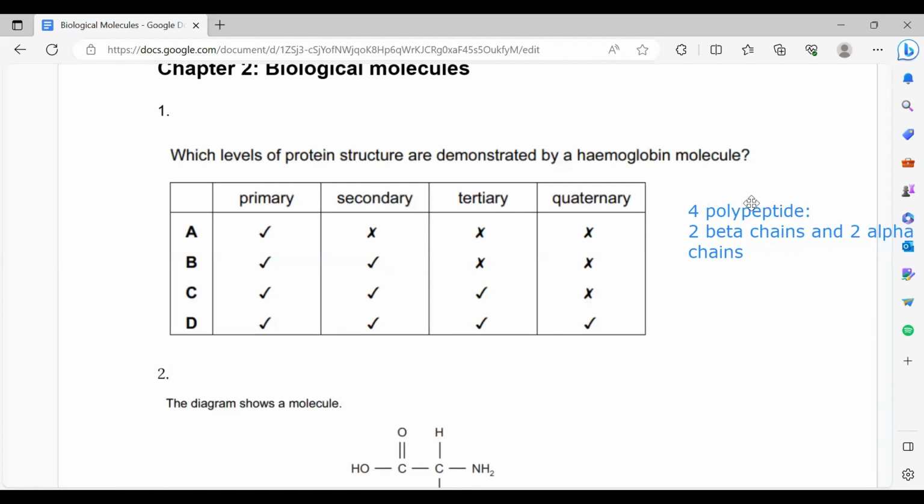And the quaternary structure is only achieved when you have more than one polypeptide. In this case, because options A, B, and C have crossed out the quaternary structure option, the answer is D, because the hemoglobin molecule demonstrates all levels of protein structure, as it has 4 polypeptides.